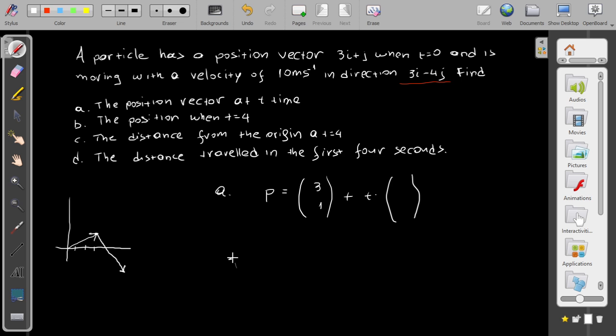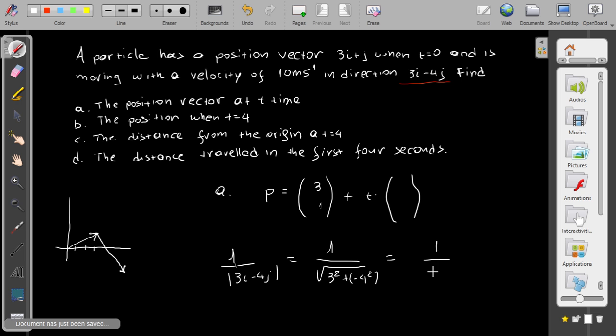The unit vector will be 1 over the magnitude of this direction vector, 3i minus 4j, which is 1 over the square root of 3 squared plus minus 4 squared, which is 1 over the square root of 25, which is 1 over 5.